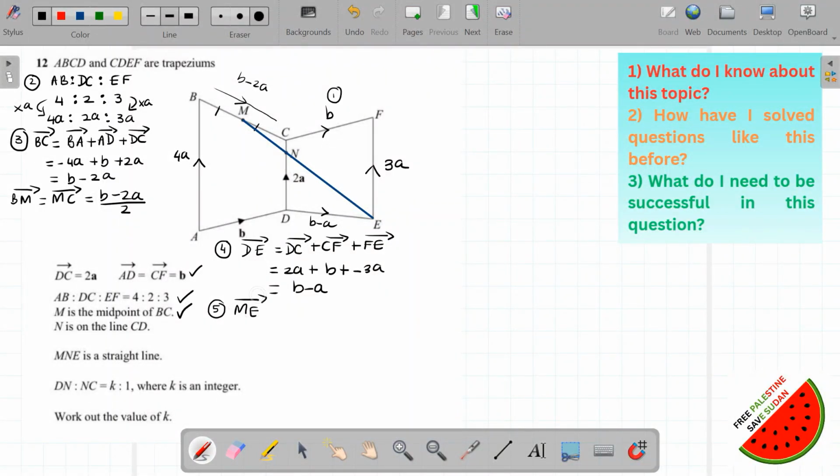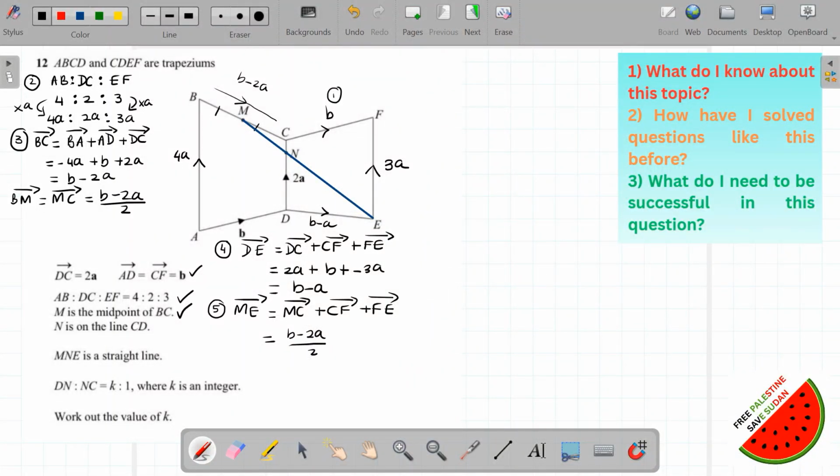ME, again journey time, so I'm going to go MC plus CF plus FE. Got to be careful with the signs. When you're going in the opposite direction, a vector would be negative, and multiplying out the negatives is where it gets a little bit tricky. So MC is here, (b minus 2a) over 2. I'm getting that from here.